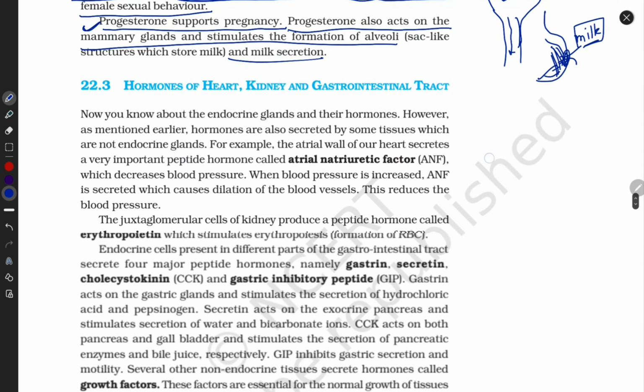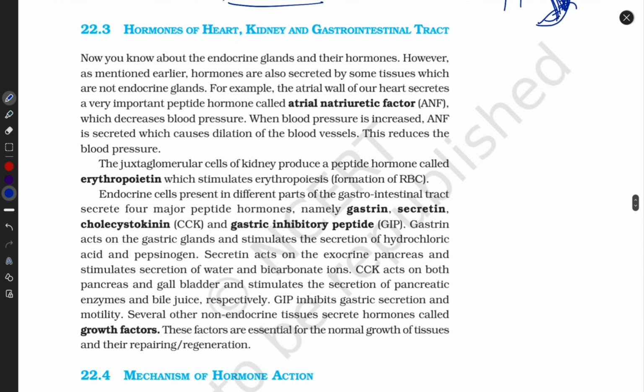And here is another. They are not a gland, but they also secrete some hormones, like some hormones secreted by the heart, some by the kidney, and some by the gastrointestinal tract. Let's start with the heart. The atrial wall of the heart secretes a very important peptide hormone called atrial natriuretic factor, ANF, which decreases blood pressure.